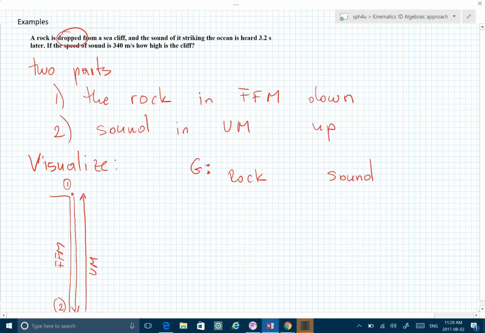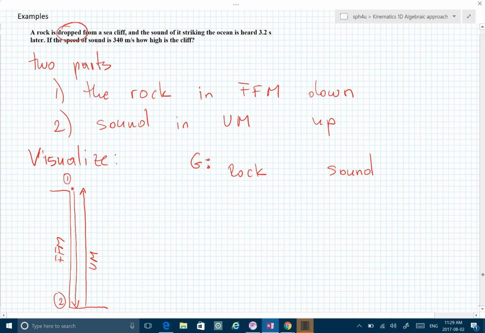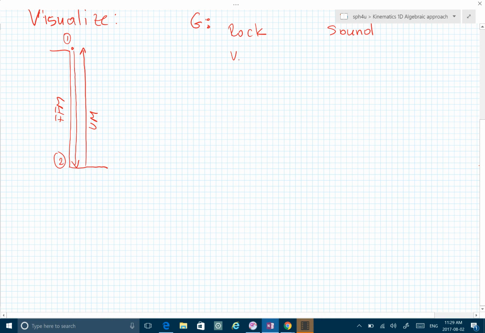This is a keyword telling us that the initial velocity is 0. We don't know when it hits the bottom, but we know it's in free falling motion, so the acceleration is 9.8 meters per second squared.